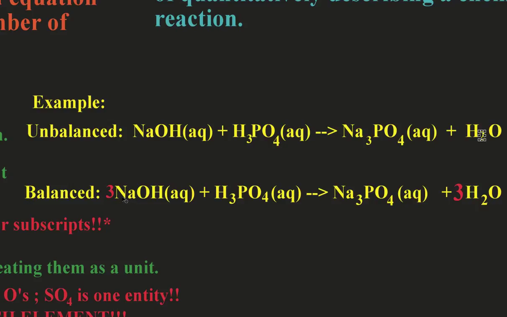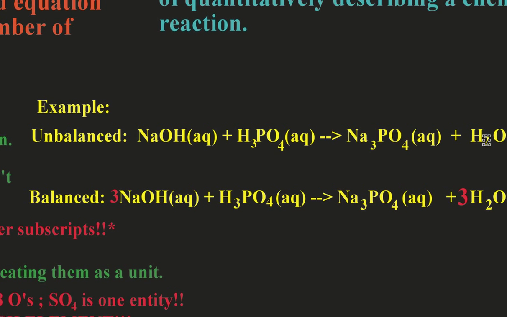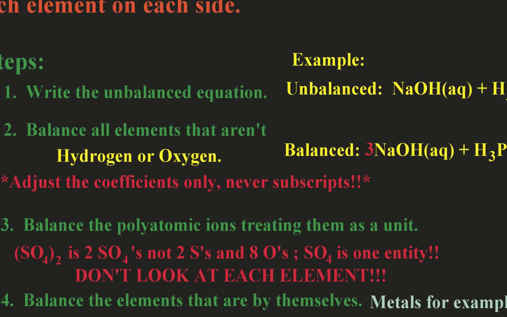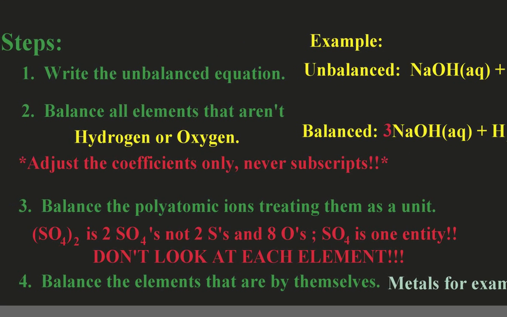Then you look at the polyatomic ions. There's one PO4 here, one PO4 there, so we're good. And adding that 3 as a coefficient did not alter the number of PO4s. So then we look for any free metals or elements that are by themselves.